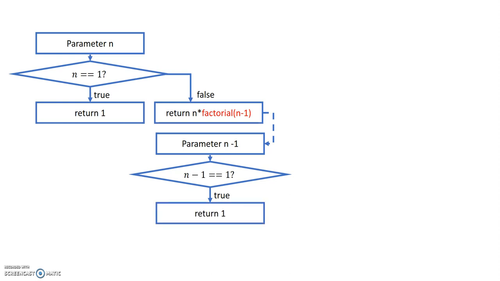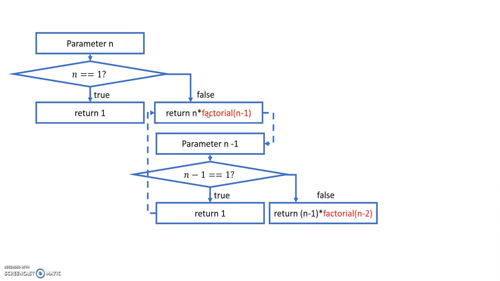If it's true, we return 1 for the second call of this method, and that is what gets fed into this red factorial call here. And again, if n minus 1 is still not 1, we do another call for the factorial of n minus 2. And that goes on until we reach 1 for our parameter.